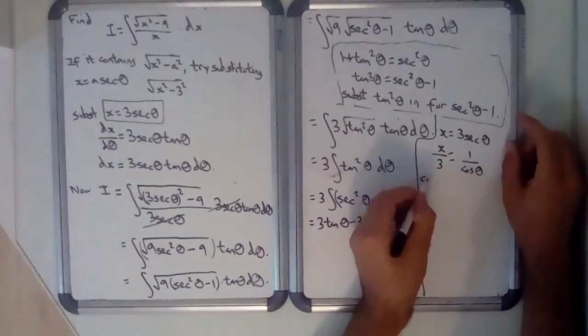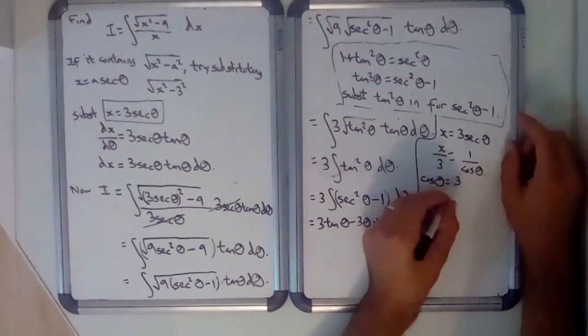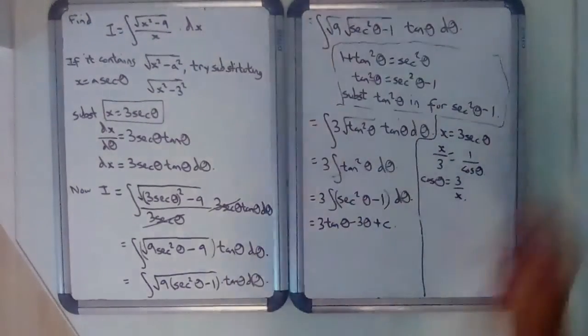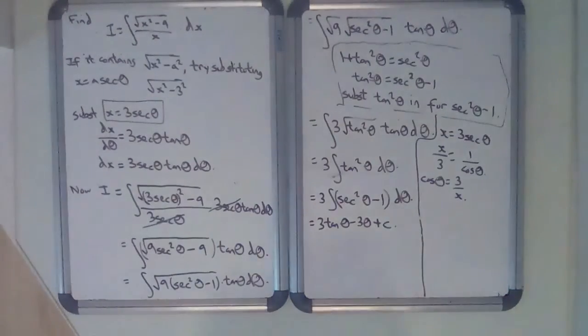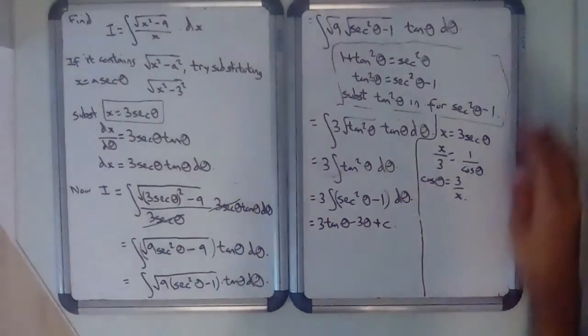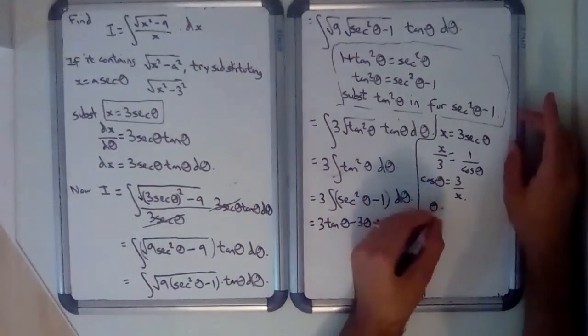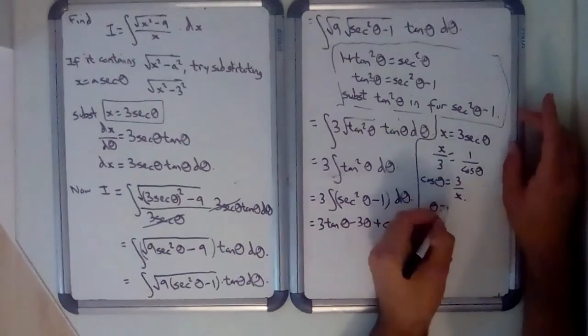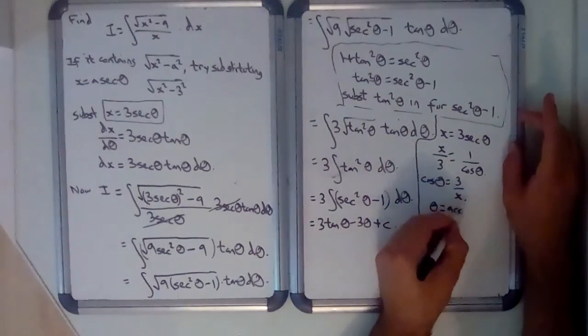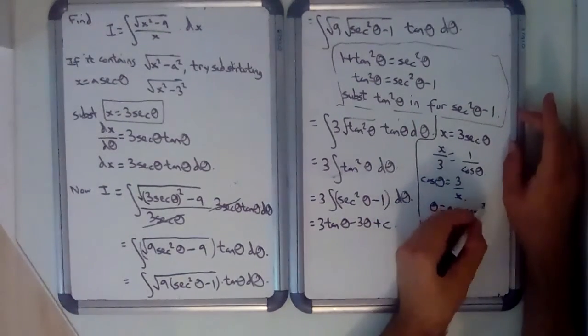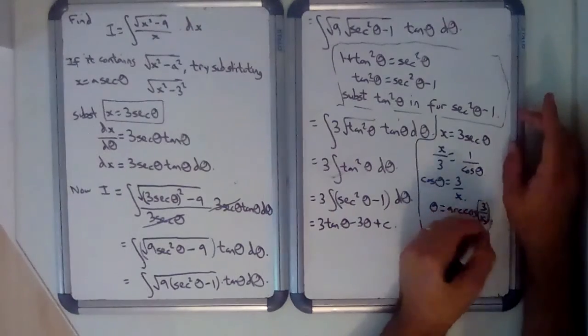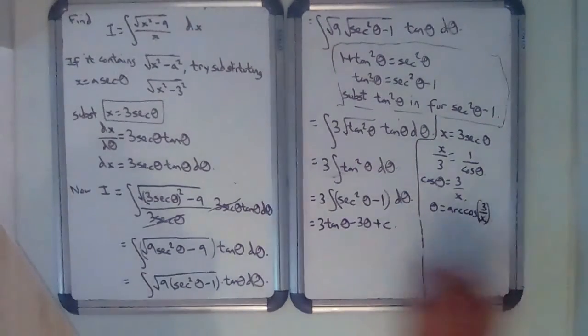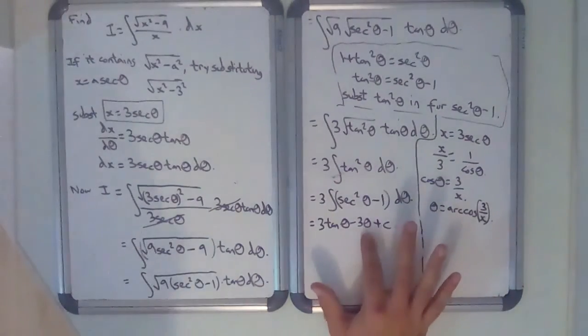So cos theta equals 3 over x. Okay, so from there we can quite easily get an expression for theta. So that means that theta must be the inverse cos, the arc cos. Theta equals arc cos 3 over x. So that will be good enough to substitute in for the theta.